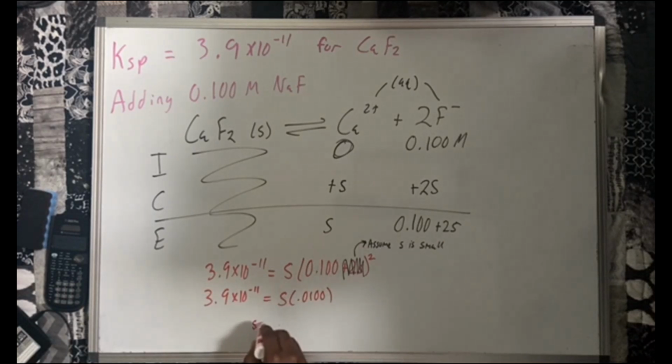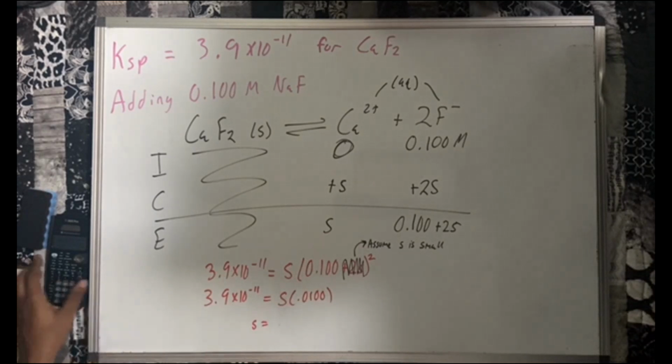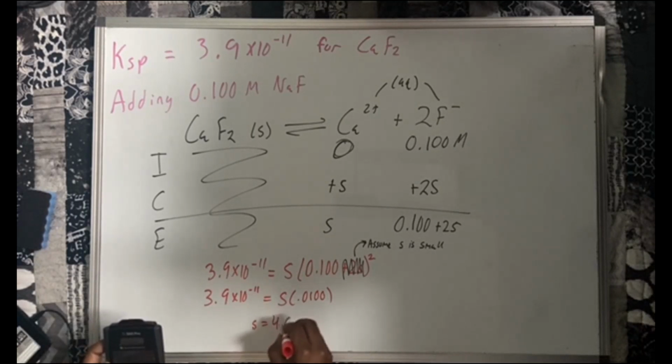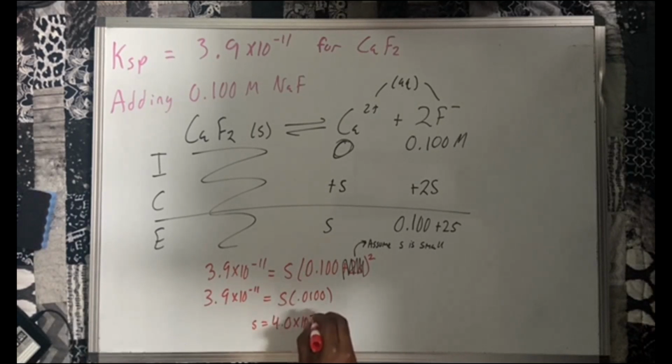So that gives me S equals 4.0 times 10 to the negative 9.